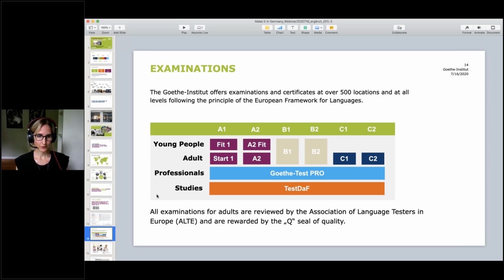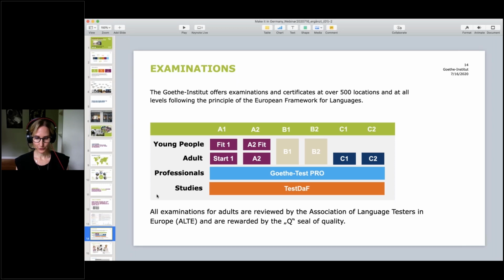We also offer exams for professionals. It's called the Goethe Test Pro, and it's sort of a test that adjusts to your skills. So you start, and if you're doing well, you sort of move up the framework ladder.